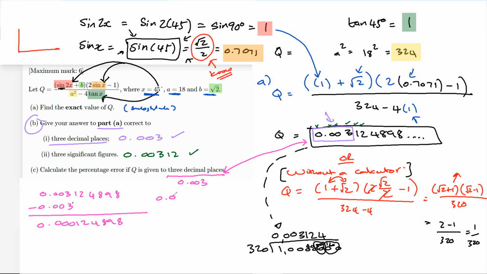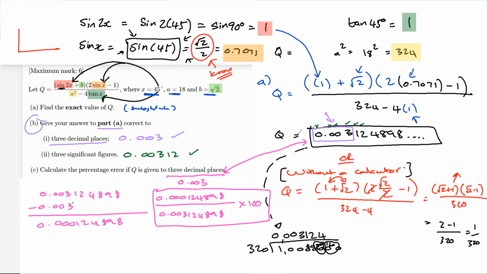And then I take that and divide it by the original 0.003124898 and multiply it by 100. So I'm finding the distance between the two, dividing, and multiplying by 100.